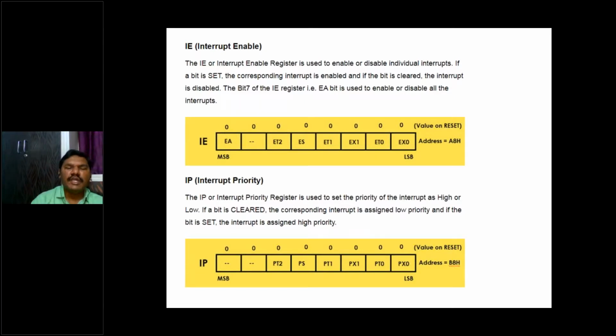PX0 means priority of INT0, PT0 means priority of T0, PX1 means priority of INT1, PT1 means priority of T1, and PS means priority of the serial communication port. The corresponding interrupt is assigned low priority, and if the bit is set, the interrupt is assigned the higher priority. If any bit is set to high, that will be the high priority.